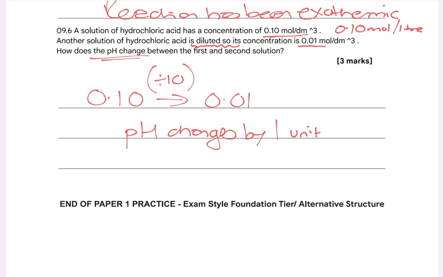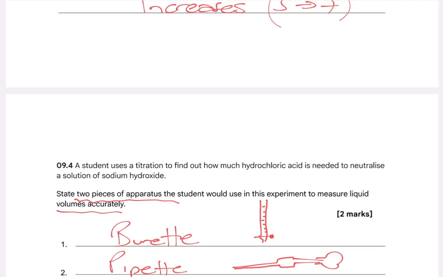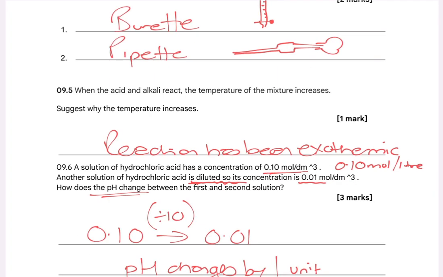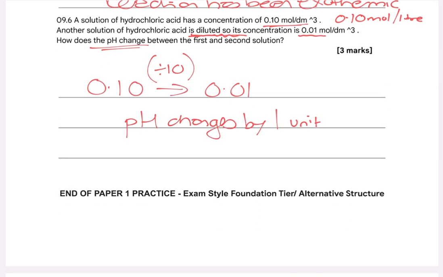We are told that we have diluted the acid, and in the previous question we said that the pH went from 5 towards 7, therefore the pH was going up as an acid became more and more dilute. So in this example, because we're diluting this acid, we know that the pH is going to go up, and because we know it's changed by a factor of 10, we can bring those two things together and say that the pH increases by 1.